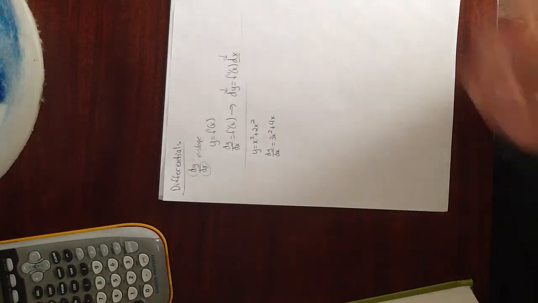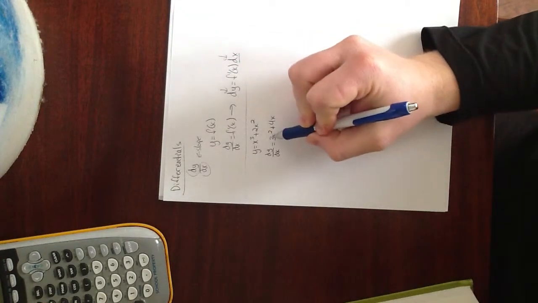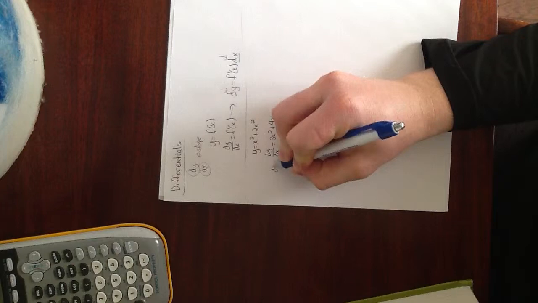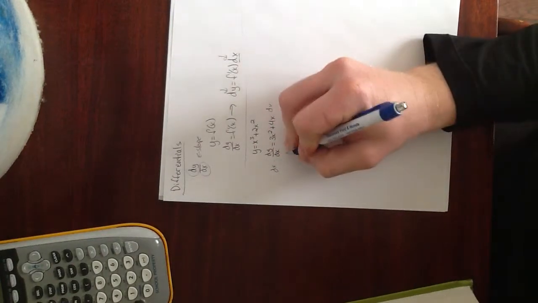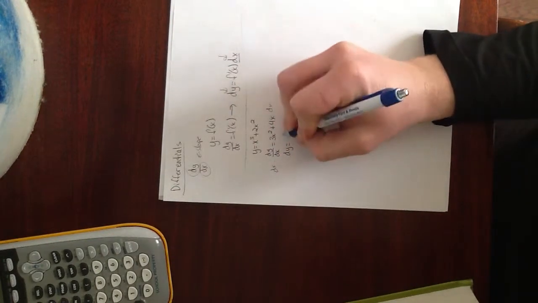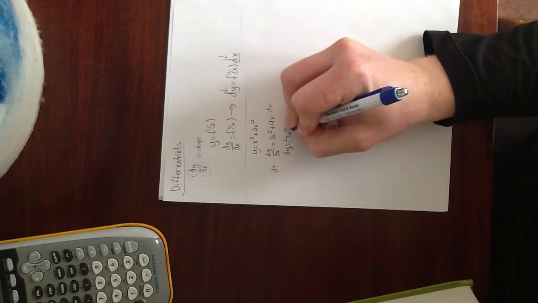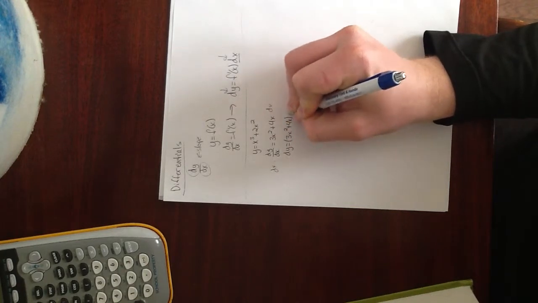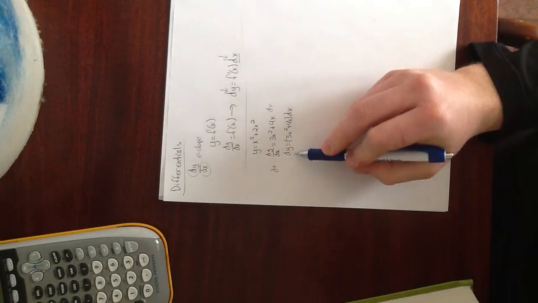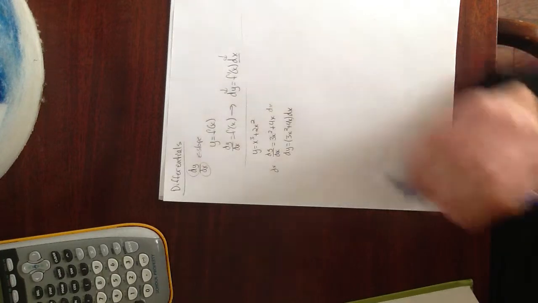And that's the derivative, right? Well, to do a differential, there's two ways of doing it. You could either do it this way and then multiply both sides by dx. So now we have dy equals (3x squared plus 4x) dx. That just gives us the change in y as a function of the change in x.